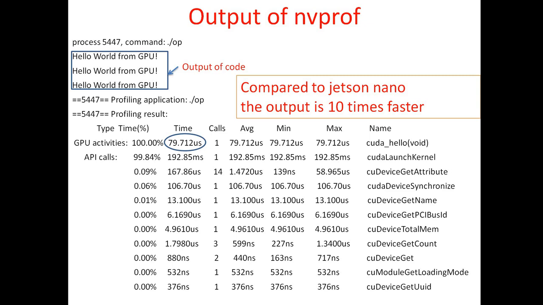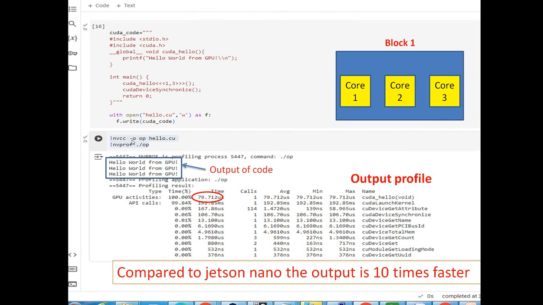So it is much faster than the Jetson Nano which we discussed in the earlier video. This is how the output looks: hello world from GPU was printed and a profile output of 79.712 microseconds was seen.